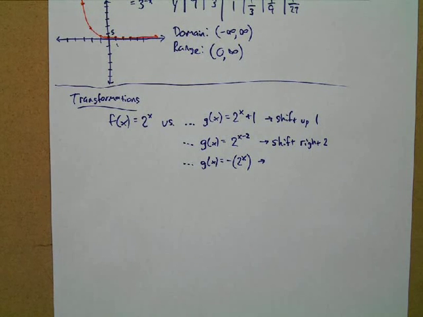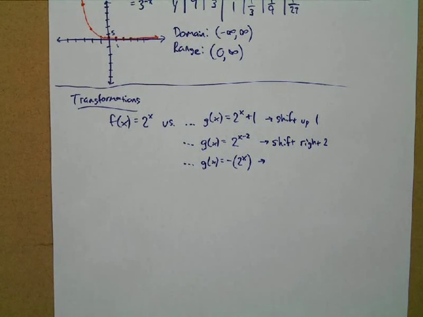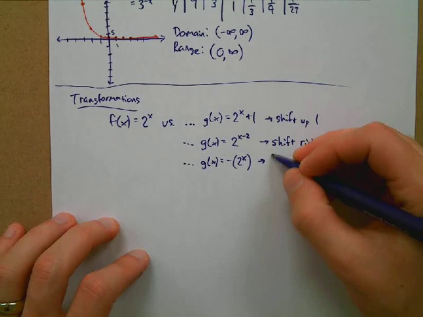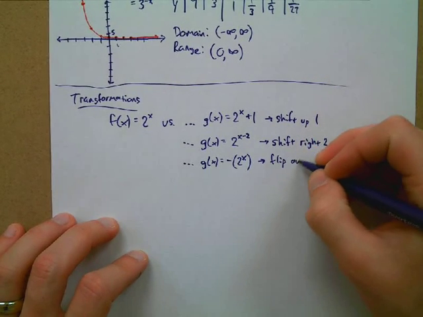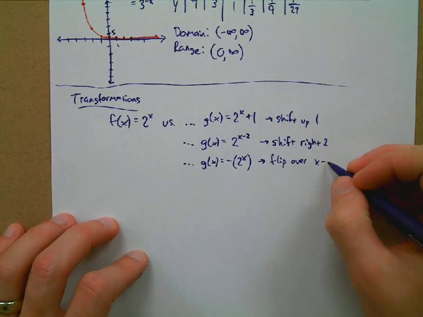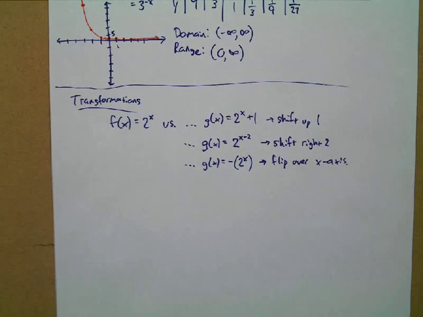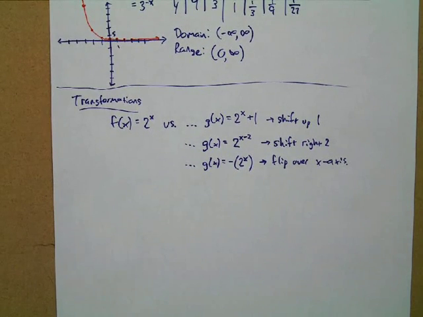And then, of course, if we had g of x equals 2 to the negative x, like we saw before, that was our flip over the y-axis. Right? Okay? 2 to the negative x is the same thing as 1/2 to the x.